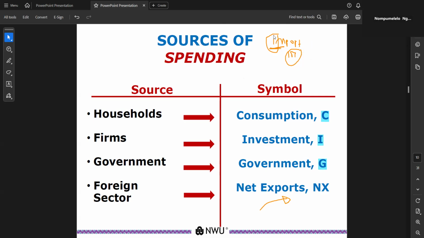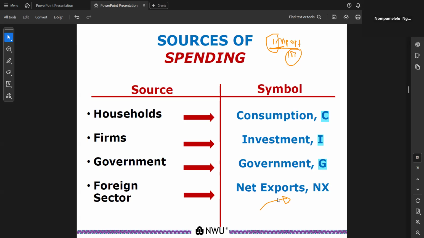This I changes to in. So imports are goods coming into the country, which means we are spending in other countries, hence the goods come inside.